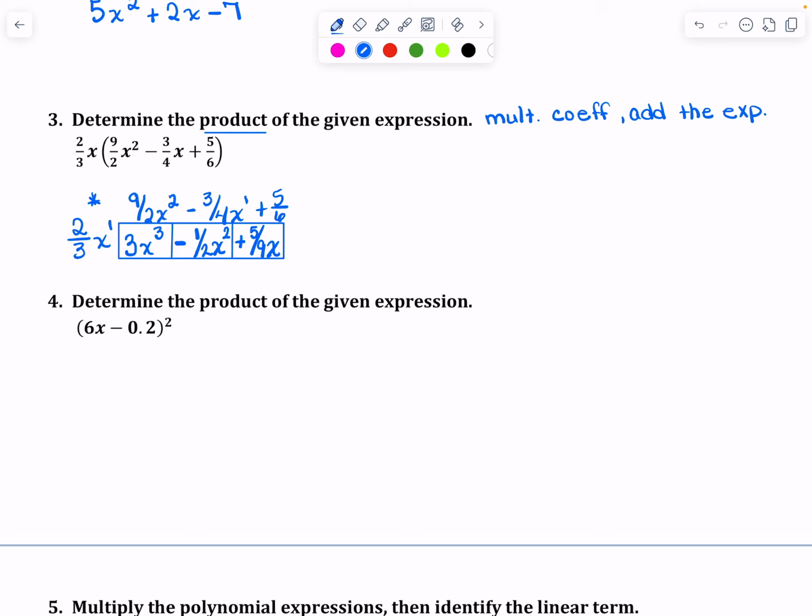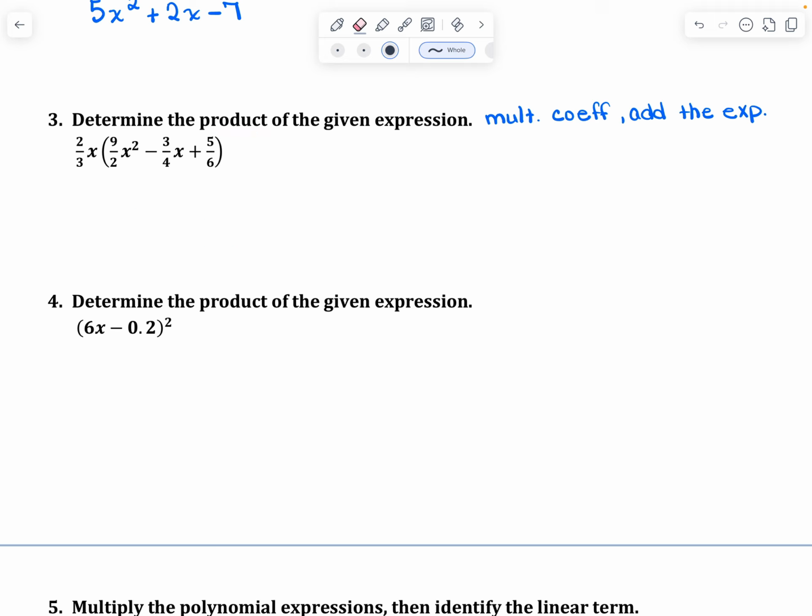method in class. Now, when it is a monomial times a trinomial, we also use distribution in the past. So I'm going to go ahead and erase this work and show you that other method. So for this one here, 2/3 times 9/2, putting that in our calculator, will give us 3.